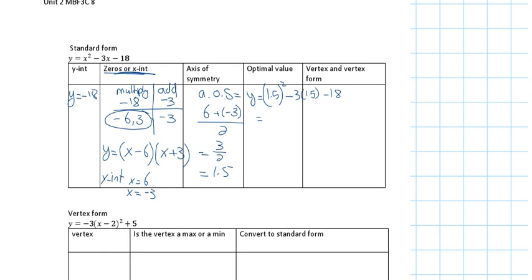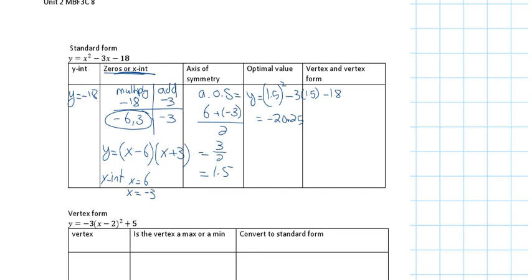So what do you get? Let's see. 1.5 squared minus 3 times 1.5 minus 18. So that gives me negative 20.25. So that's my optimal value.